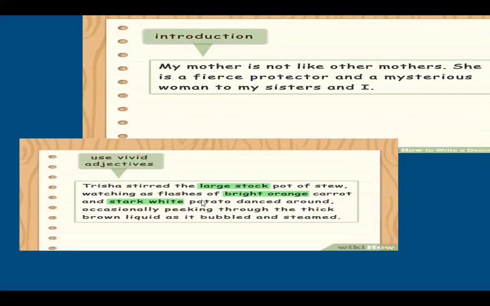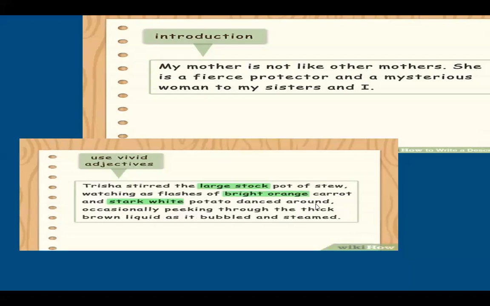Now, potato has been referred to as stark, very deep white potato, and dance around. See the kind of human touch that has been given to this potato. Have you ever experienced potato chips or potato dancing before you? When you go to McDonald's and there's crispy potato chips that you eat, do they appear dancing before you when you eat up?